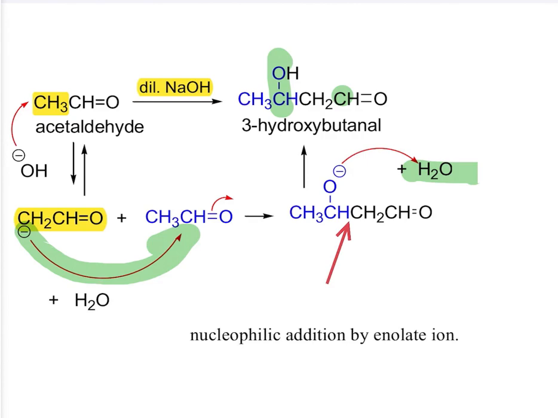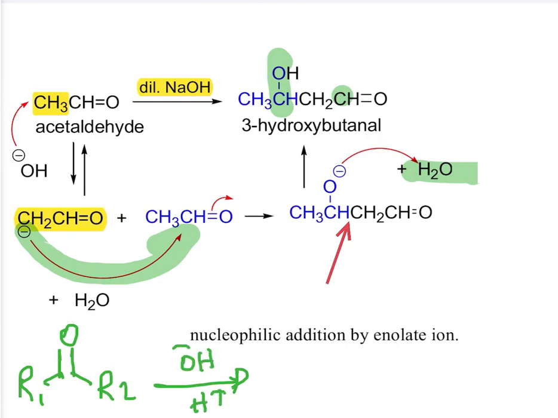I want to tell you a trick for how you can predict the product of any aldol addition reaction. For example, if you consider a carbonyl compound with general substituents R1 and R2 in the presence of either a base or an acid.